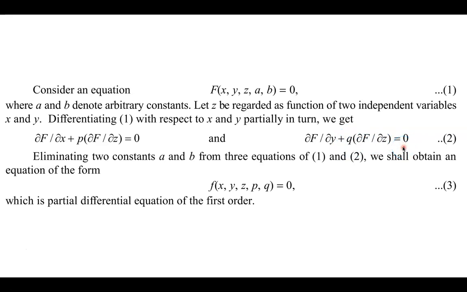Now we will be eliminating the two arbitrary constants a and b from these three equations to obtain an equation of the form small f(x, y, z, p, q) = 0, which is independent of these arbitrary constants a and b. This is the partial differential equation of the given relation.